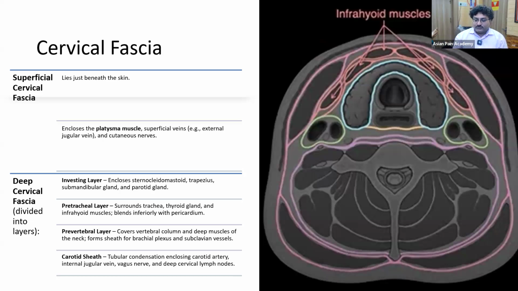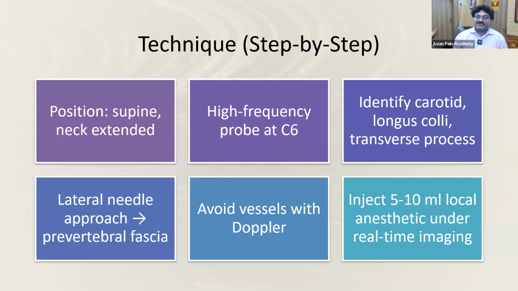Ideally, it is stated that it should be given deep to the prevertebral fascia and above the fascia covering the longus colli, but practically it is not possible. So don't go too much inside the longus colli. Just above the longus colli, inject it.